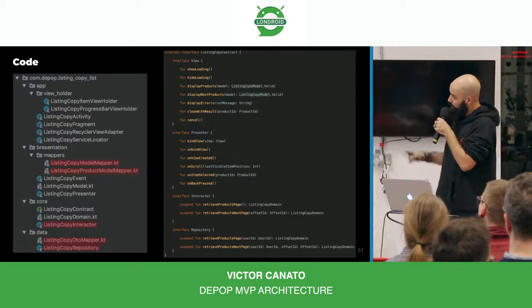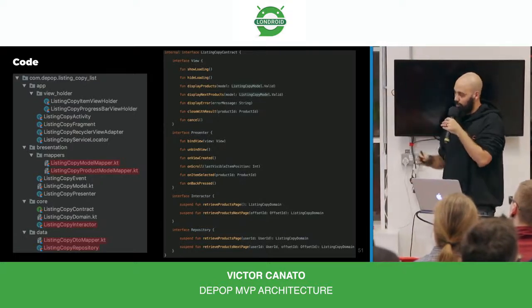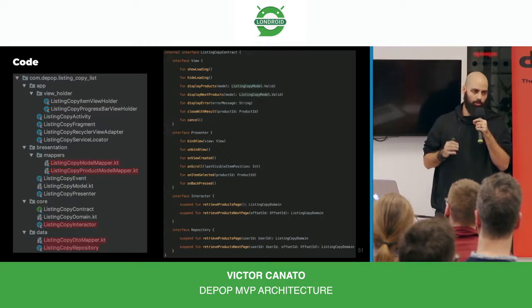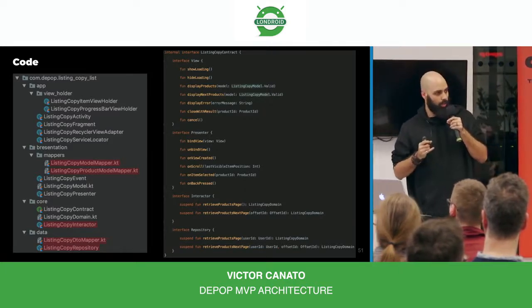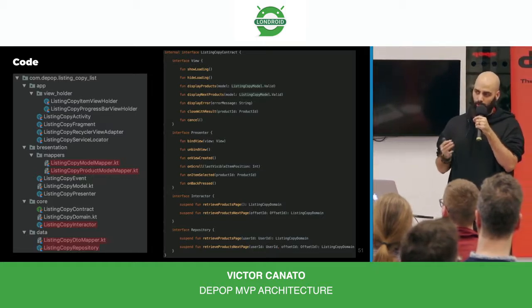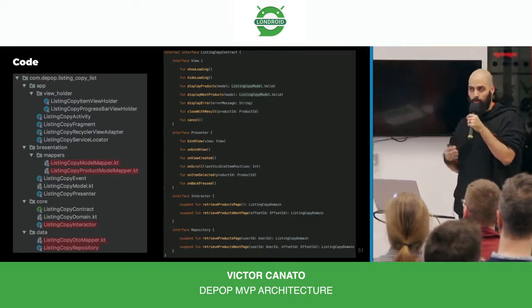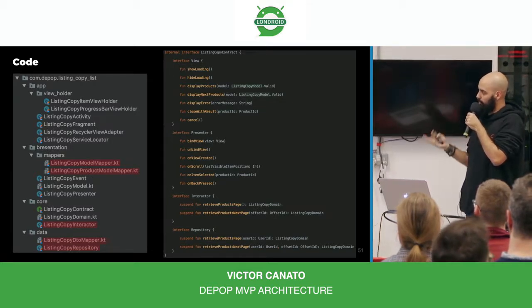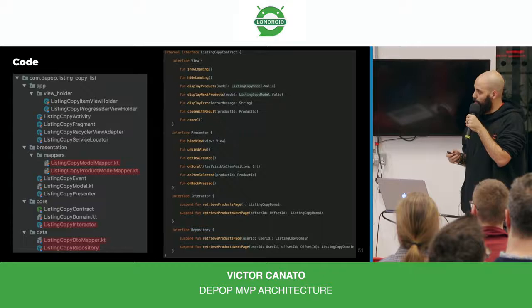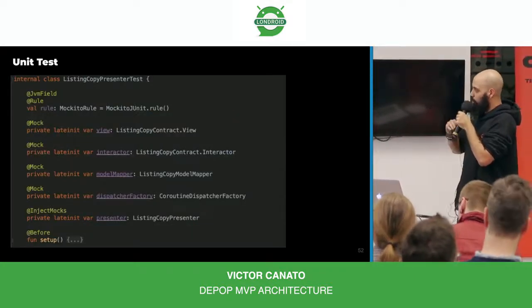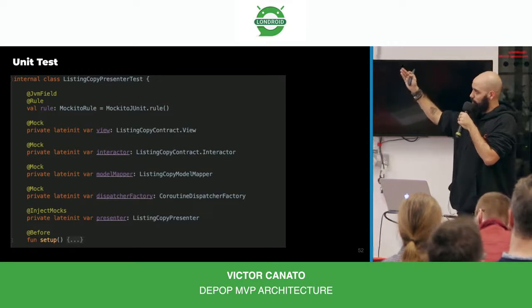Oh, sorry. This red thing that I made here are the main unit tests that we do in our code. And I like to point it out because here at Depop, we cannot pass any new feature or any new domain without unit tests. So we are always very worried about testing our mappers, testing our business logic, testing our repository. And just to point it out, with this unit test, we are testing the presenter.